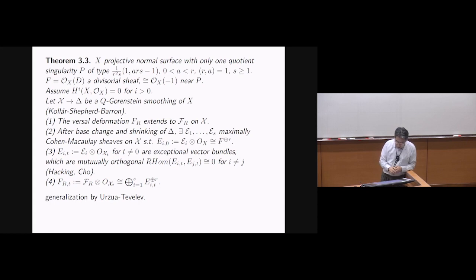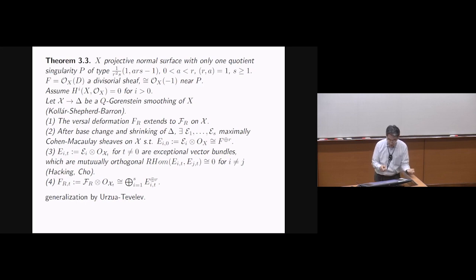And so there are S such vector bundles. And the relationship to this versal deformation is number 4. So this locally free sheaf F_R has generic fiber which is a direct sum of these vector bundles.